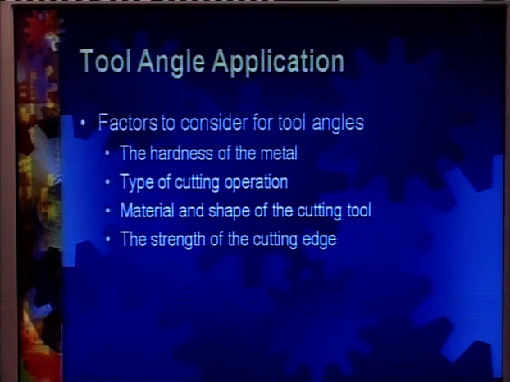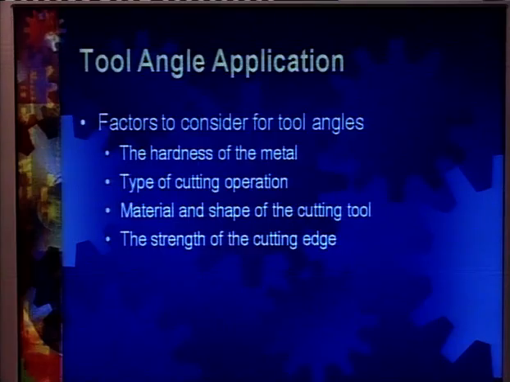In this case the forces coming on to the cutting tip will be much more, and accordingly we will normally prefer to give it a negative rake angle or negative cutting edge angle, so as to avoid any breaking away of the tool tips.